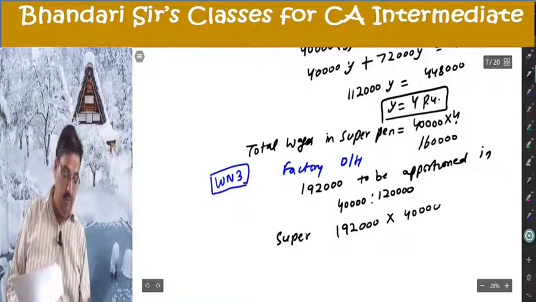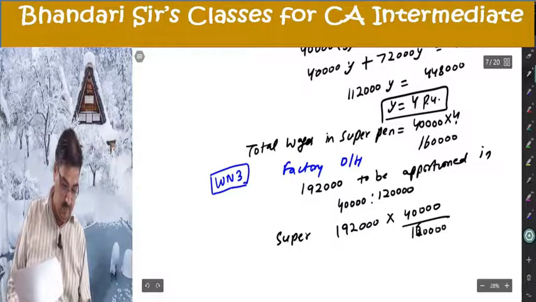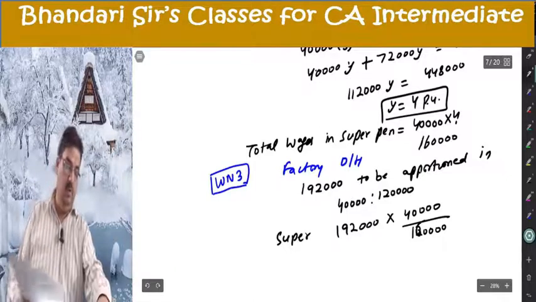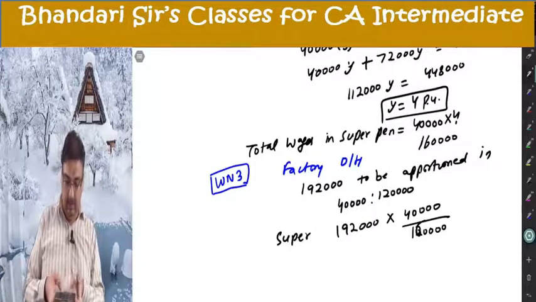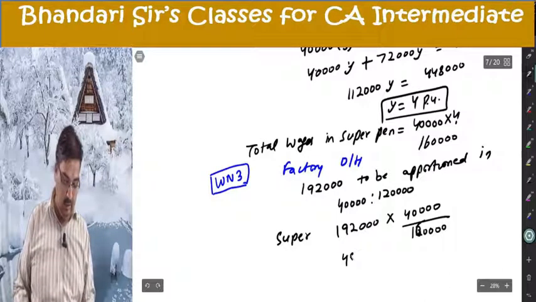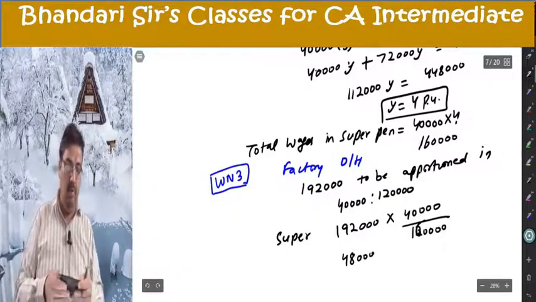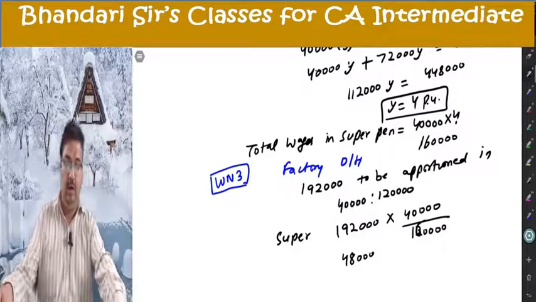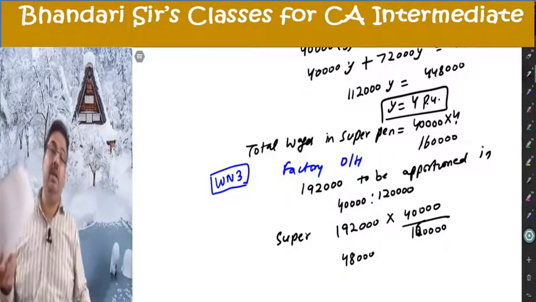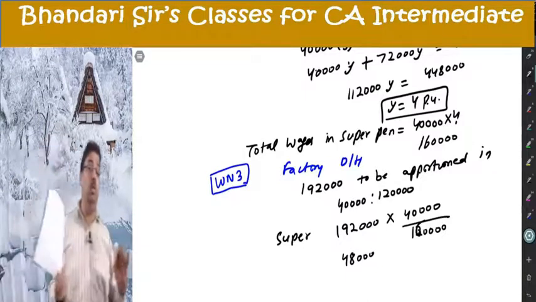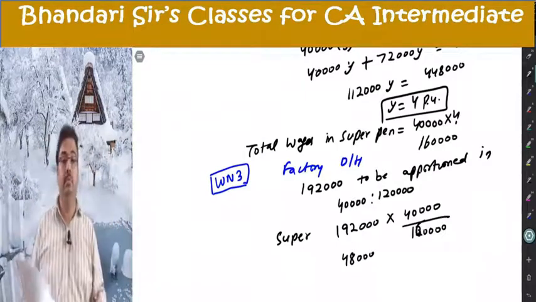This is alternative way. In ratio 40,000 divided by 1,60,000 into 1,92,000. It's divided by 4. I'm getting is 48,000. For super, it is 48,000. Now the things are very, very simple. Only thing you must be careful about.